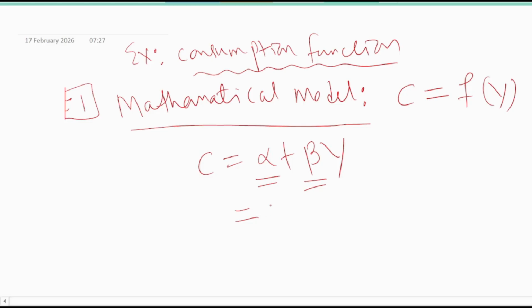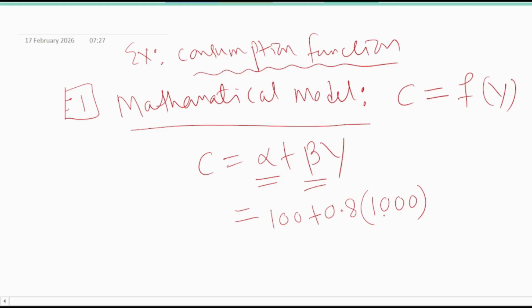For example, suppose alpha or autonomous consumption equal to 100 and beta value is equal to 0.8, and income, suppose the income of the individual is increasing from 0 to 1000.